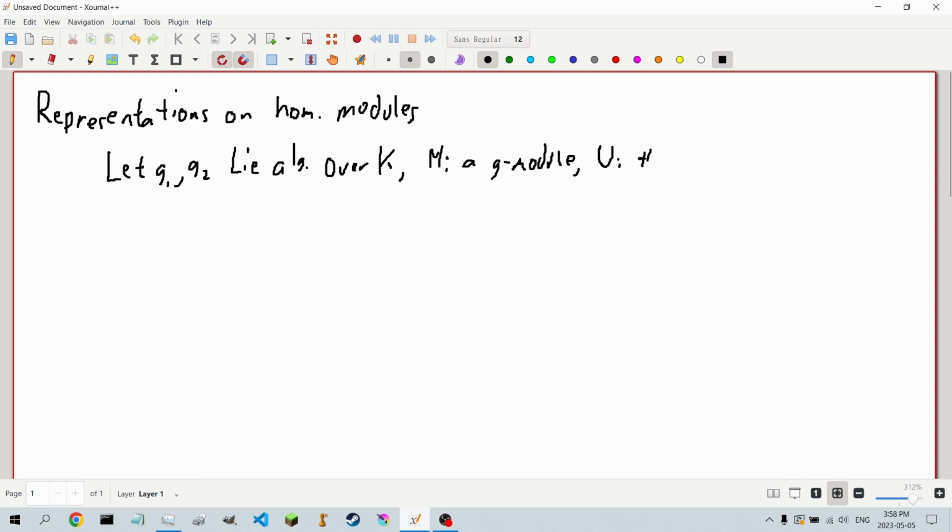Ui, the enveloping algebra of each Gi, with a map sigma i from Gi into Ui.